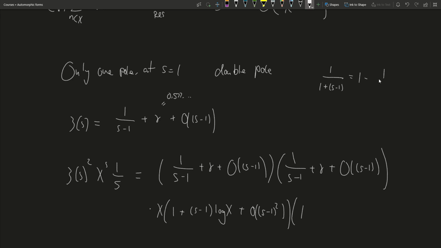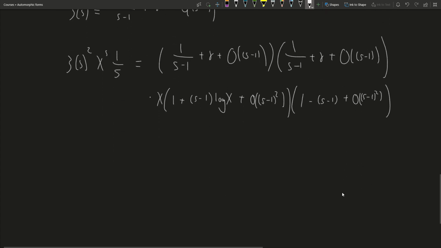Minus 1 over 1 plus s minus 1 squared evaluated at s equals 1 times s minus 1, plus dot dot dot. So this is going to be just a 1 minus s minus 1, and then plus O of s minus 1 squared.